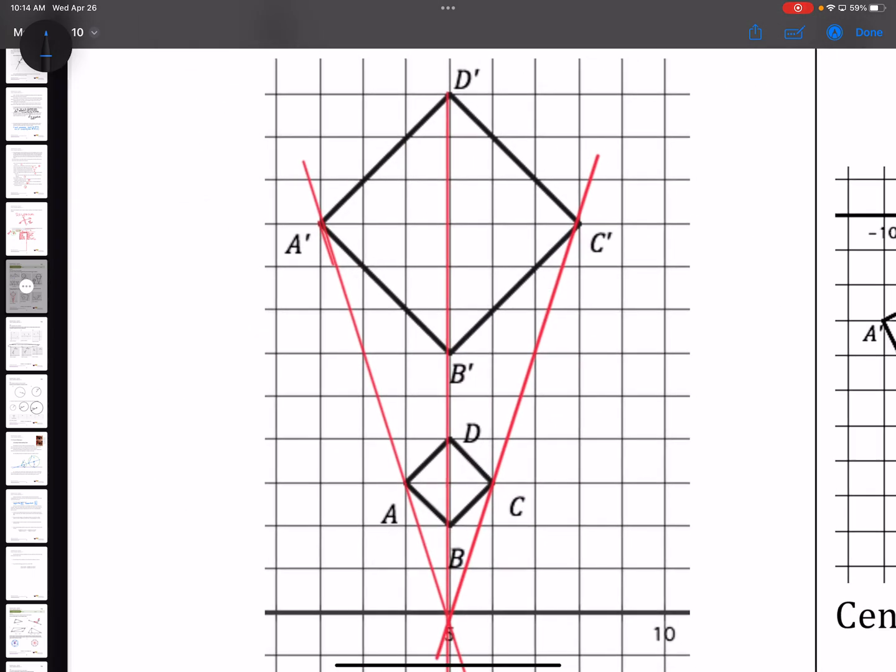How did I get all these lines here? I did it between corresponding points, right? So I saw the corresponding points first, and then I created the center of dilation. But could I go the other direction too? Like if I knew the center of dilation and a point, could I make other corresponding points to that point?